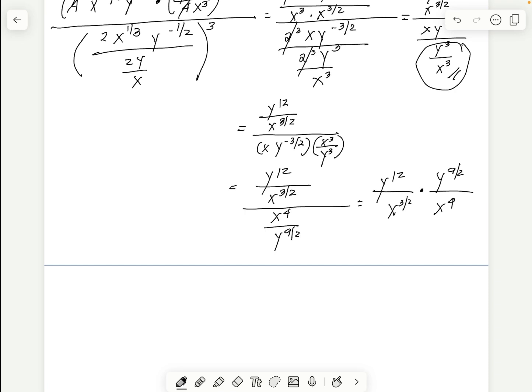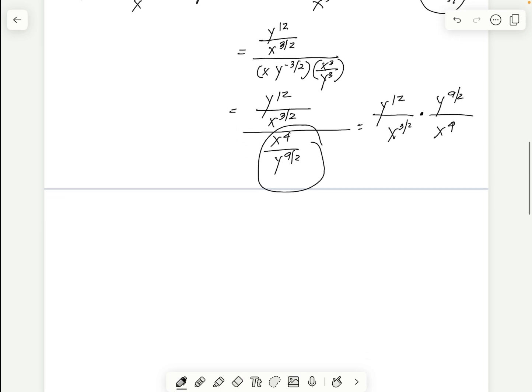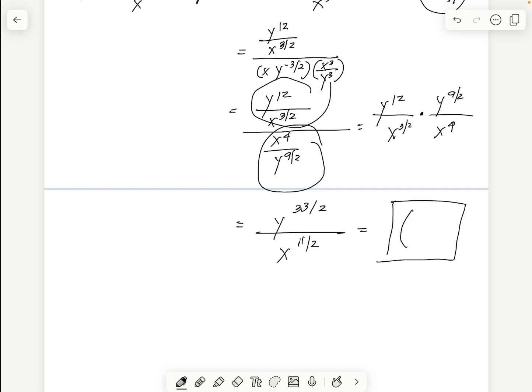I also get the reciprocal of this and multiply it to our numerator here. Okay, so simplifying that, you get y raised to 33 halves over x raised to 11 halves, which means our answer is y raised to 33 over x raised to 11, all raised to 1 half. So that's our final answer.